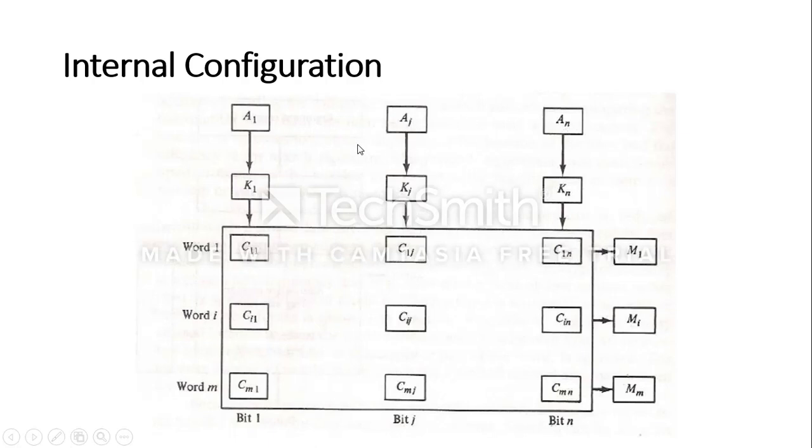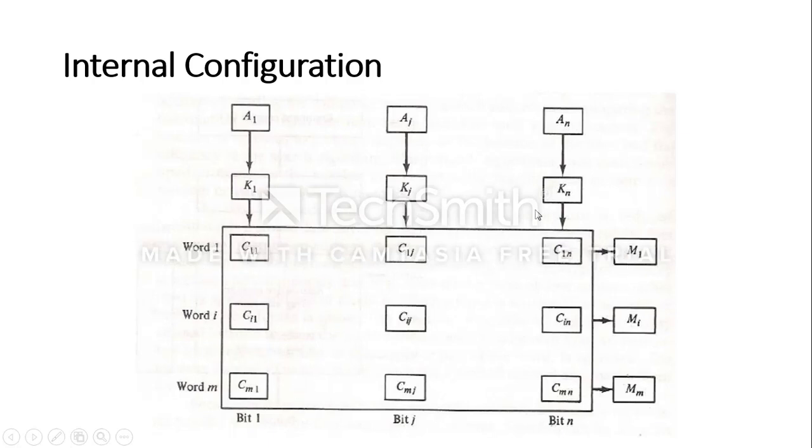Aj is some intermediate bit available in the argument register. Similarly, as the width of the key register K is also N bits, we have bits from K1 up to Kn. The width of the match register is M bits, so M1, M2, Mi up to Mm. These are the individual bits of the match register.